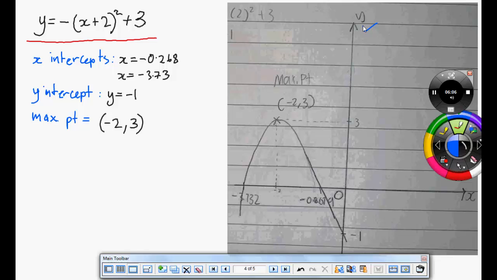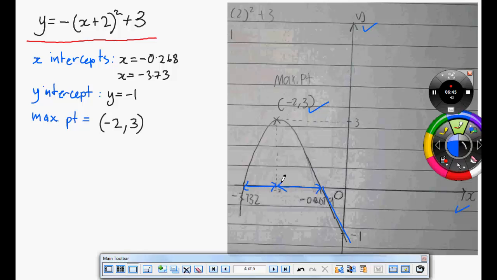The y-axis is labelled, the x-axis is labelled, and the maximum point is labelled. The last part is too straight, from negative 0 to negative 1; it should be a little bit curvy. So it's not really a parabola, this shape, because of this part over here. Also, this distance is not equal.